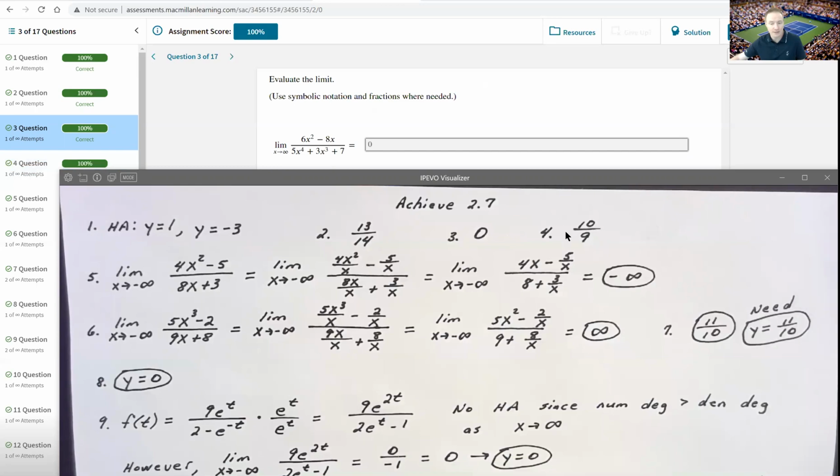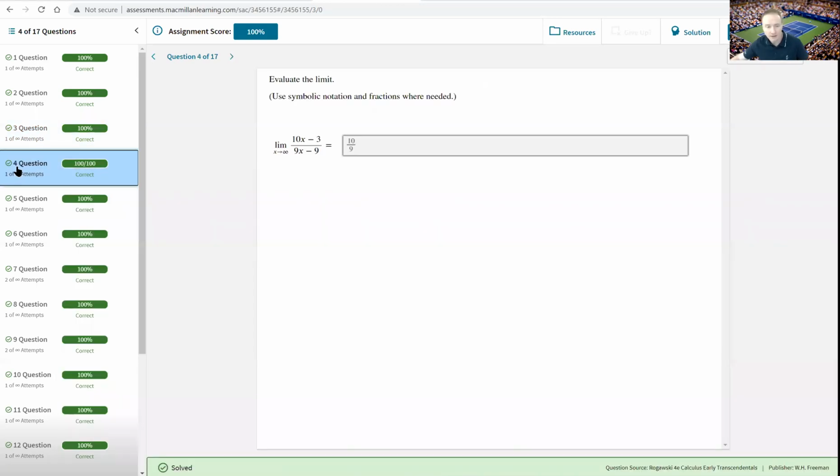Similarly, you'll see I didn't show any work for my number 4, so it's probably obviously quick. Yep, number 4 is just like number 2. We have a limit as x approaches infinity of a rational function whose numerator and denominator have the same degree. Every single solitary time that's the case, the limiting value is going to be the fraction of the leading coefficients, 10 over 9 in this case.